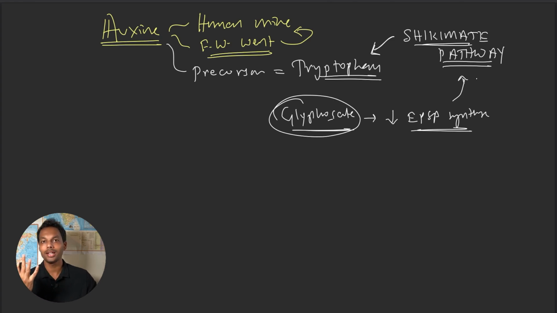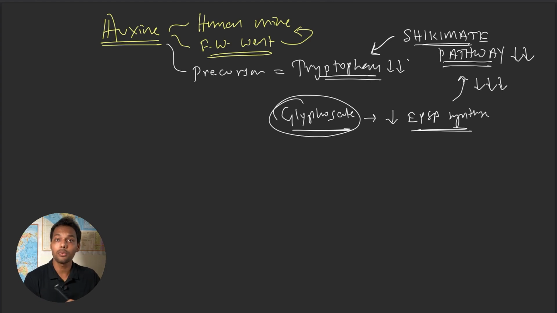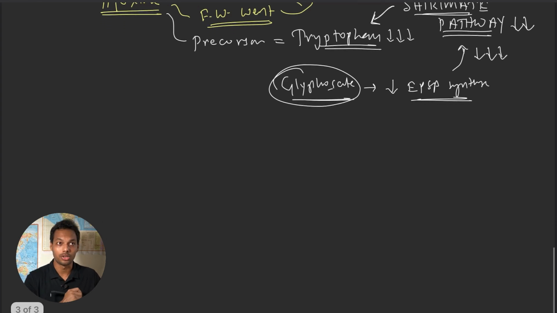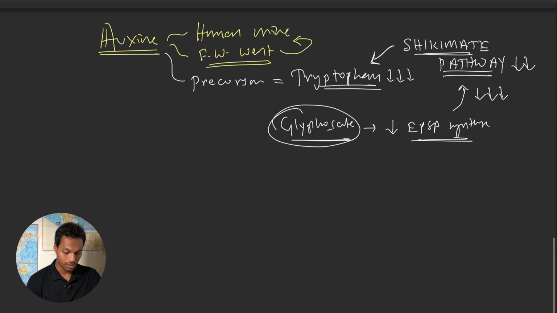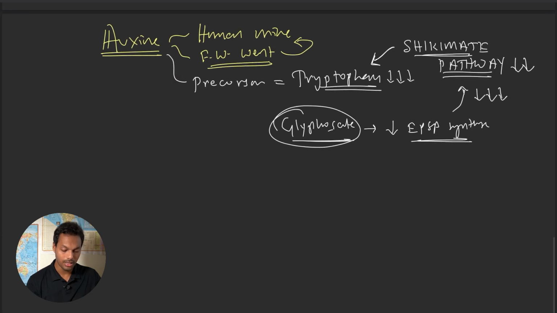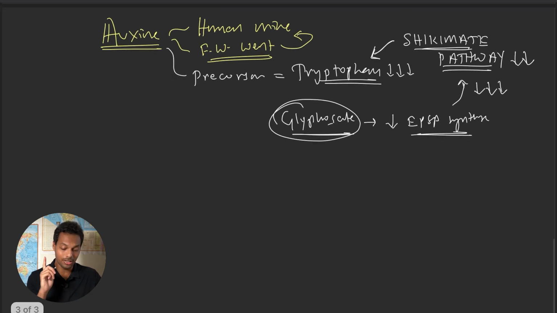So if we apply glyphosate, the pathway will not happen. If the pathway is obstructed, then tryptophan cannot be produced, and if tryptophan cannot be produced, then auxin synthesis cannot be done. So this is very important to remember. Glyphosate inhibits the pathway, and if the pathway cannot happen, then tryptophan cannot be produced and auxin cannot be produced.